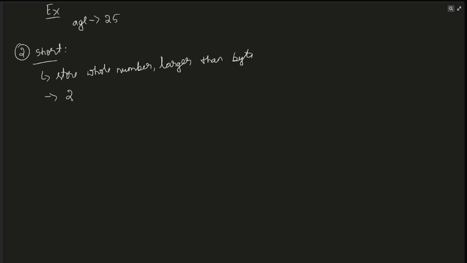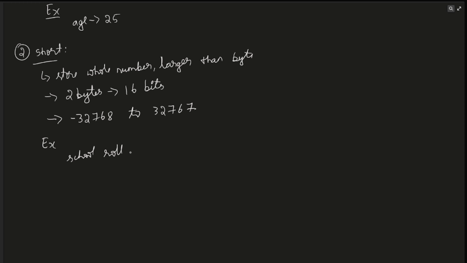Size of it could be 2 bytes, that is 16 bits, and the range it can take is from negative 32768 to positive 32767. Short data type is rarely used, but it's good to know. Examples of it could be school roll number and a small village population count.